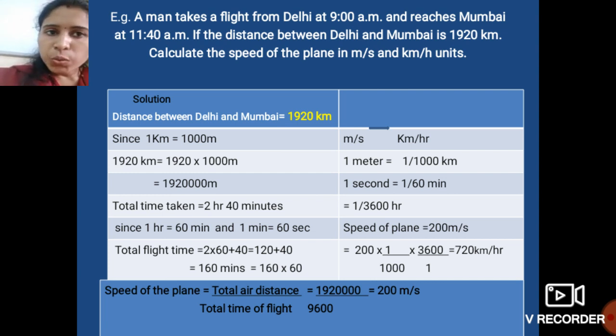First we will only read this example. A man takes a flight from Delhi at 9 a.m. and reaches Mumbai at 11:40 a.m.